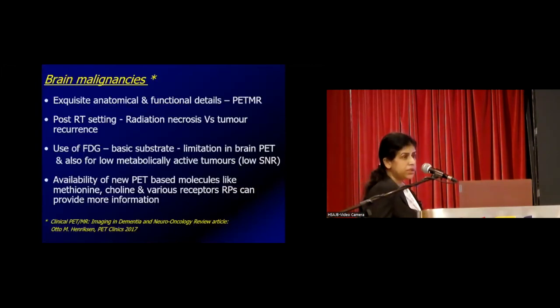Coming to the brain malignancies, we fall short because of the small size of brain lesions. The exquisite anatomical details are better provided by MR, but with amalgamation of PET-MR, we can clearly and confidently report patients in post-radiation settings to identify if a patient has a tumor recurrence in the brain, or it is only a radiation necrosis, because we cannot go wrong.